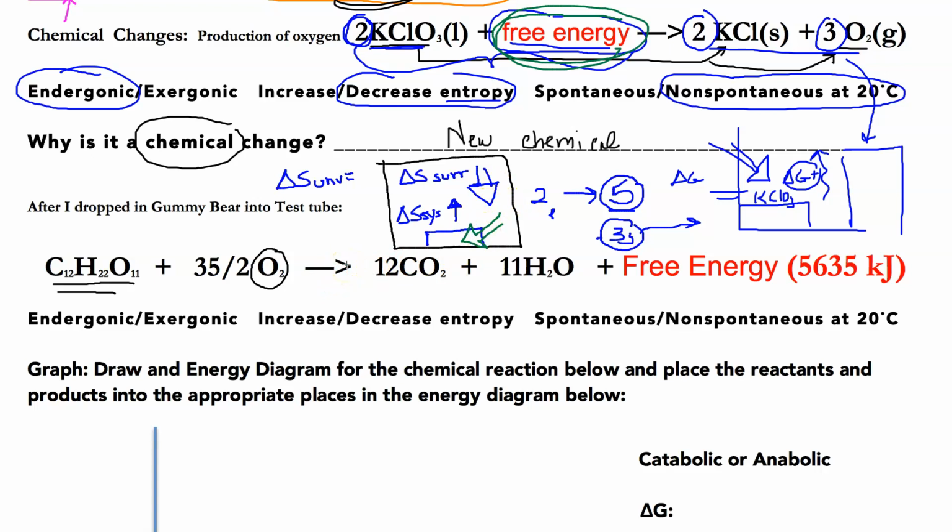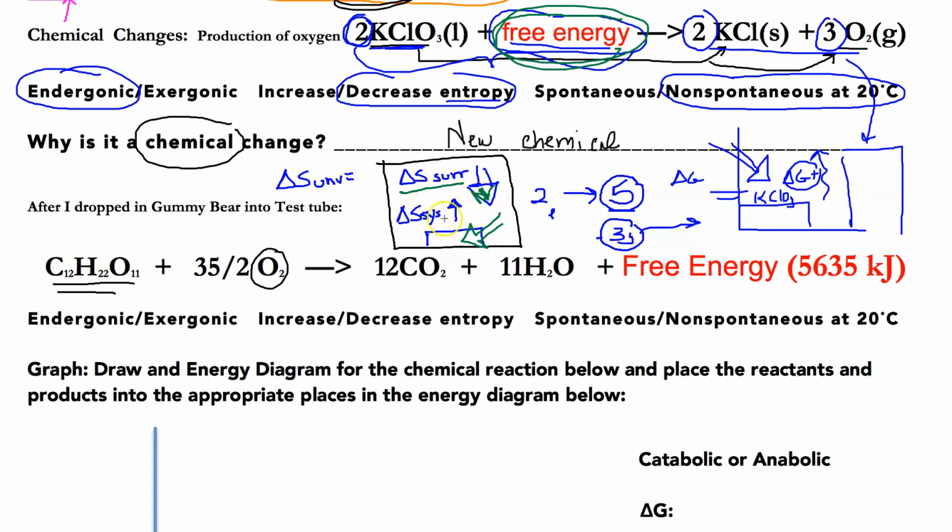Now you say, well, it's the propane torch. Correct. But just like before, if I didn't have the test tube there to heat this, that heat could have been used to make the surrounding gases go faster. So all that heat that's being absorbed by the test tube is not making the surroundings dissipate and spread out. So we would say that delta S of the surroundings is decreasing a lot because of that.